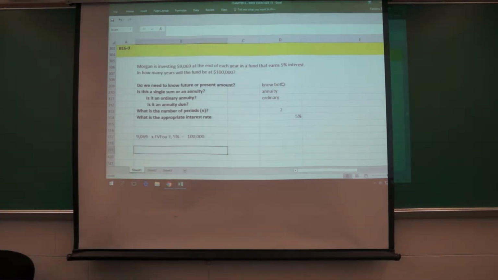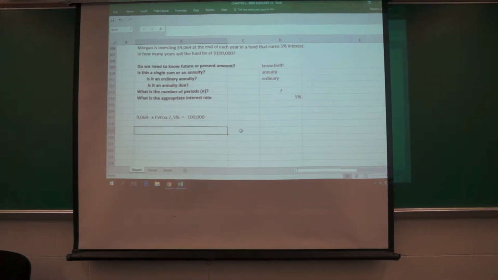Okay. So then to figure out what the factor is, we're going to take the 100,000, just basically doing the math here, divided by the 9069. And that gives us a factor. And so now we want to go to the future value of the ordinary annuity table.